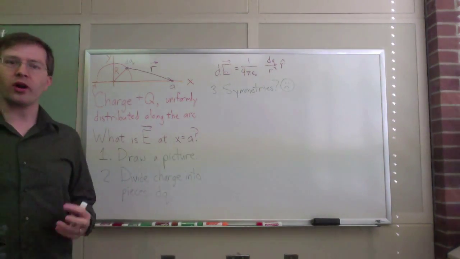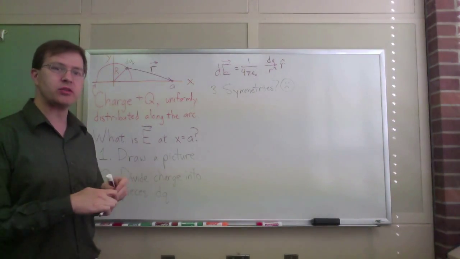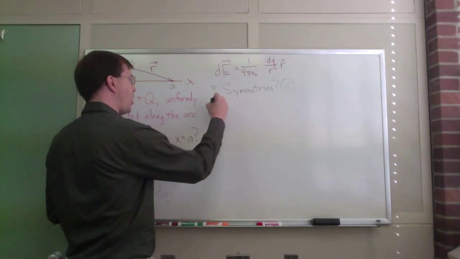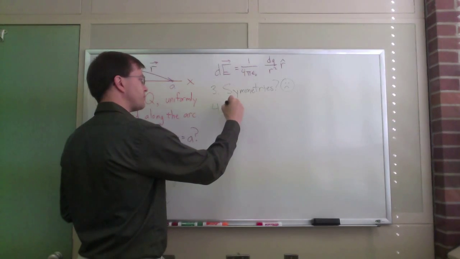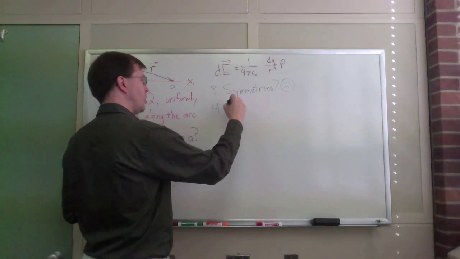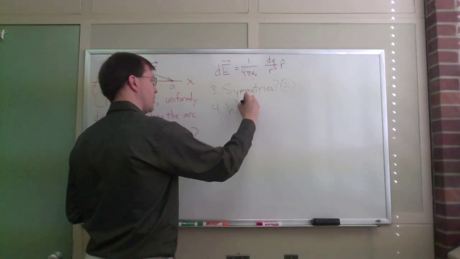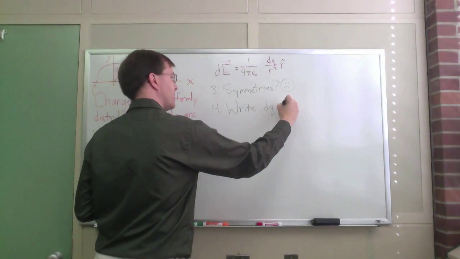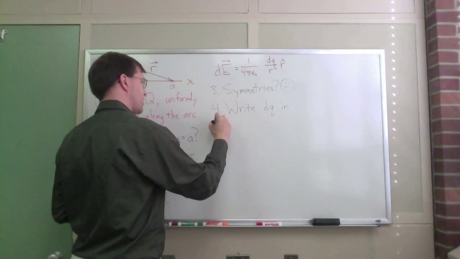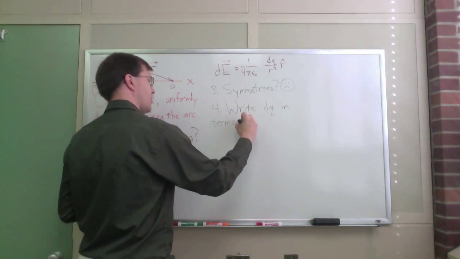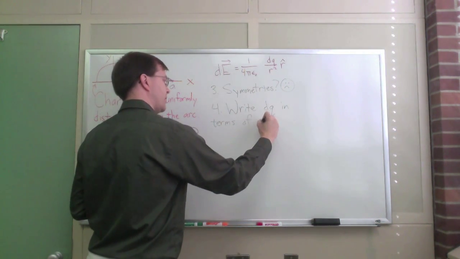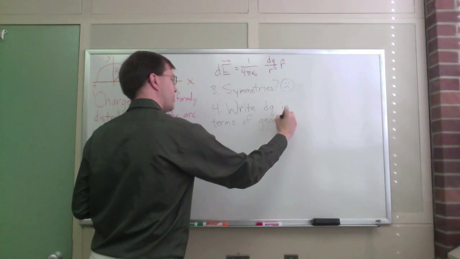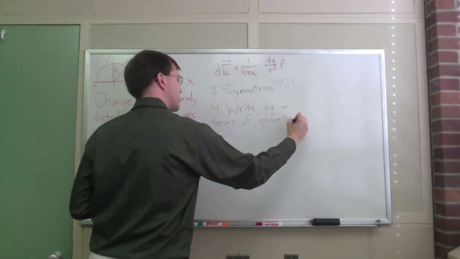Step four in my strategy for continuous charge distribution problems is always to write that little bit of charge in terms of geometry, the shape of our system.